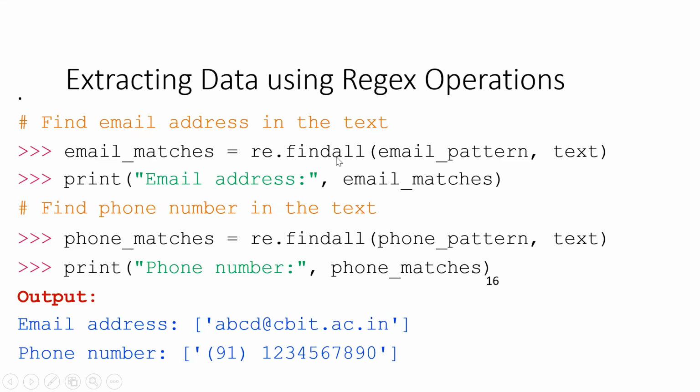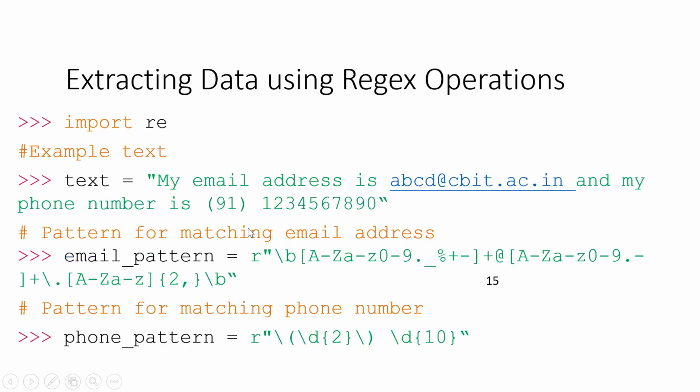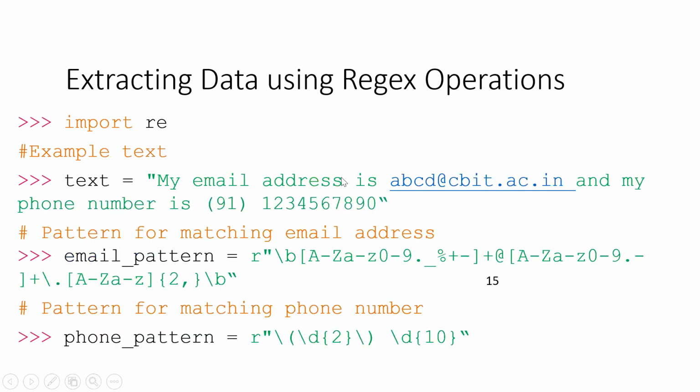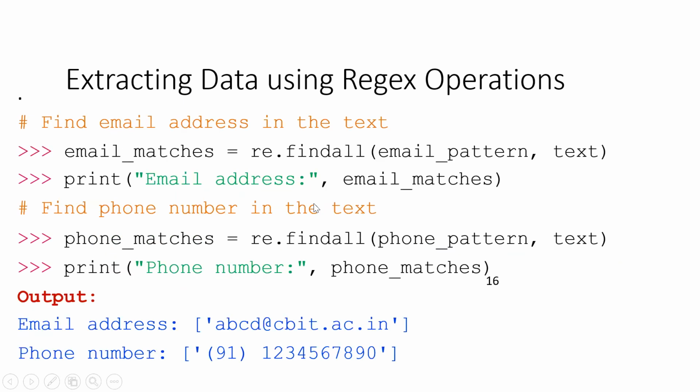You call the findall method. In findall, you pass the email pattern you have written and the text, which is my email address is so and so and my phone number. We print this email address. Next, for the phone number also, we call findall with the phone pattern and the text, and print the phone number.